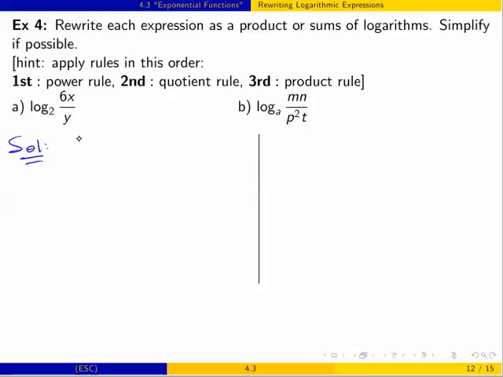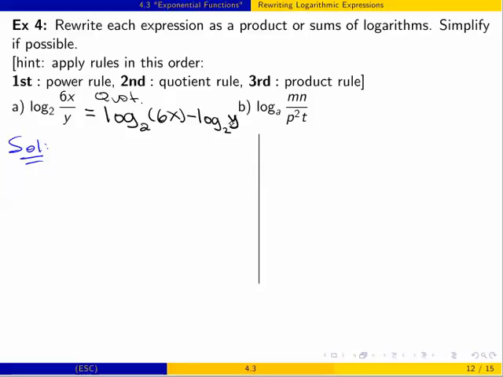This is a logarithm base 2. The numerator is 6x, the denominator is y, so it's the logarithm of the numerator minus the logarithm of the denominator. And we get this by using the quotient rule.